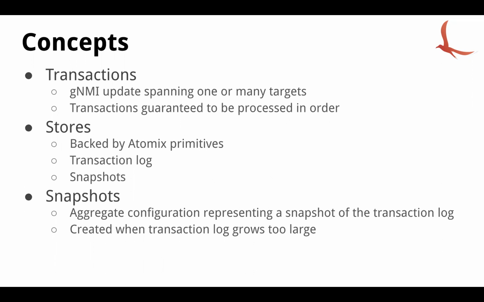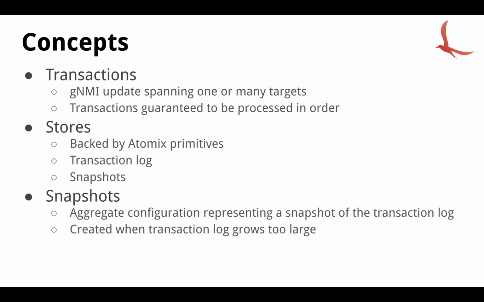So you can do a GNMI set on the northbound that actually configures multiple targets, and it treats them as a transaction, so it will apply all of them as one to multiple targets, and basically it serializes transactions. So a transaction to multiple targets will be applied on the southbound before any later transaction is. And I'll talk about how that's done, which is what's important.